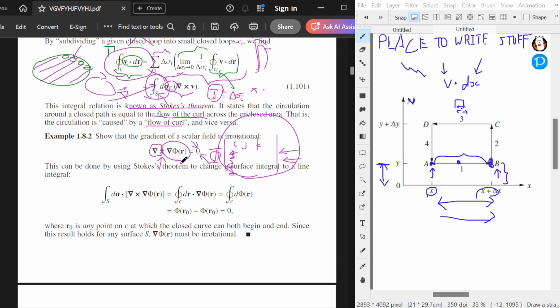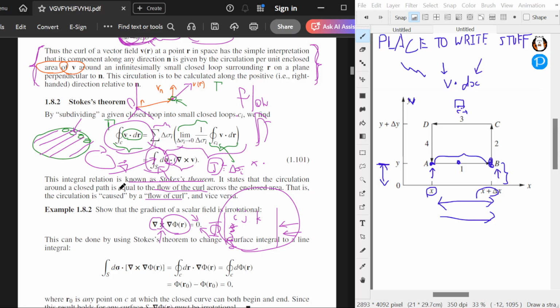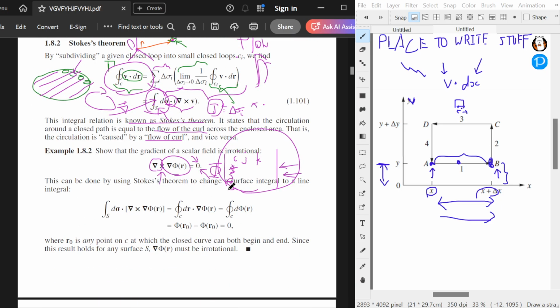Apparently you could do it with Stokes' law as well, to change a surface integral to a line integral. Where are you seeing integrals here? This can be done by using Stokes' theorem to change surface integral to a line integral.